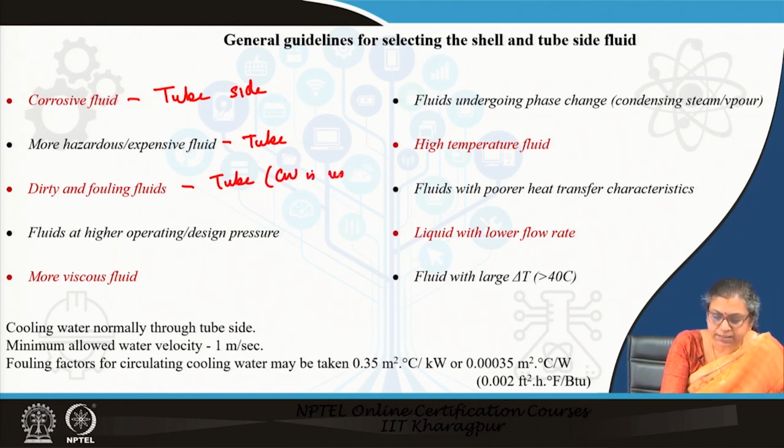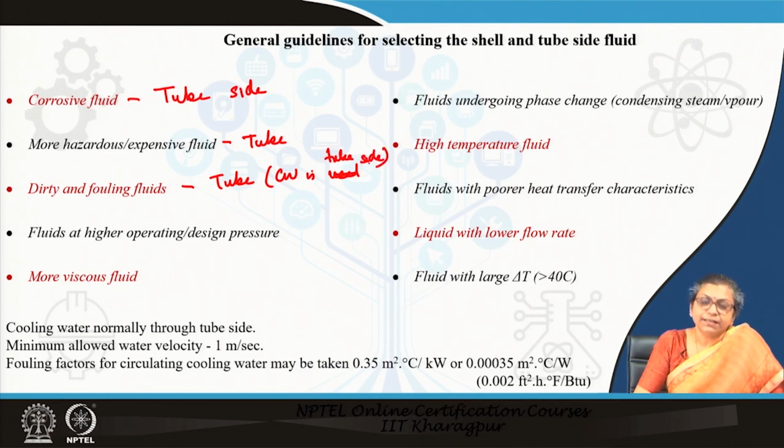Cooling water is generally the tube side fluid for this case. Second thing is, suppose there are dirty fluids which have some solid deposits etc. The tube diameter is lower as compared to the shell, that is, the outer pipe diameter.